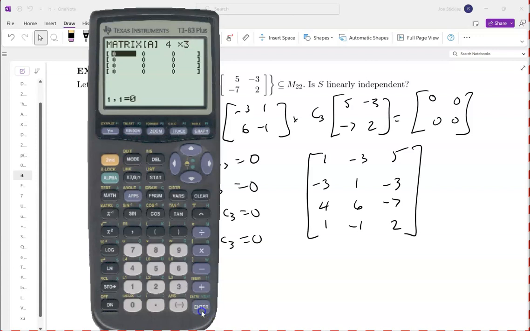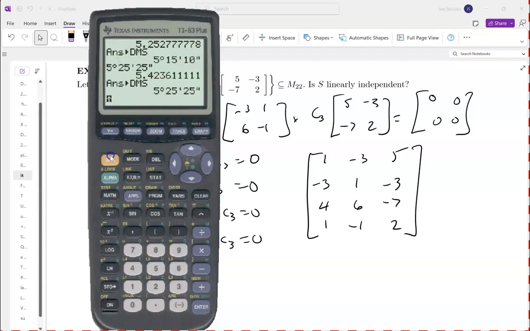So we've got 1, -3, 5, -3, 1, -3, 4, 6, not 9, although it would still illustrate what I want to illustrate. -7, 1, -1, 2.